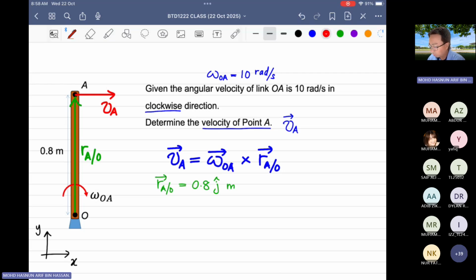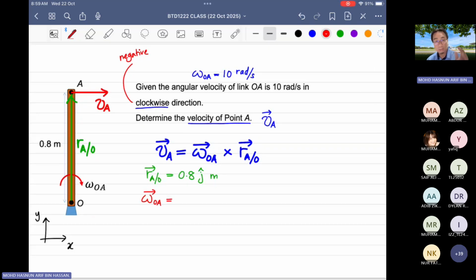Next, we write down the omega OA in vector. We know that the magnitude is 10, and we know it is rotating clockwise. So clockwise is negative, and anti-clockwise is positive.